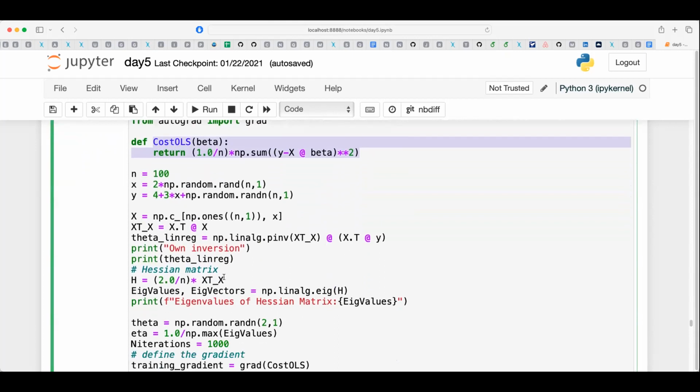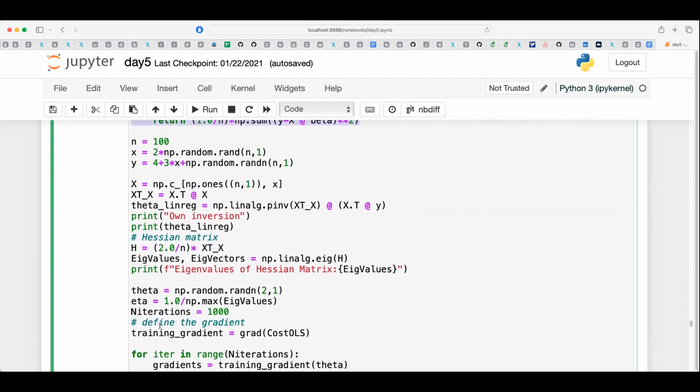And then using autograd, what I'm doing now is simply to set the training gradient equal to the gradient of this cost function. So I don't need to set up the gradient manually by taking the matrix X transpose times X times the vector beta minus X transpose times Y. The only thing I do now is just one line of code.